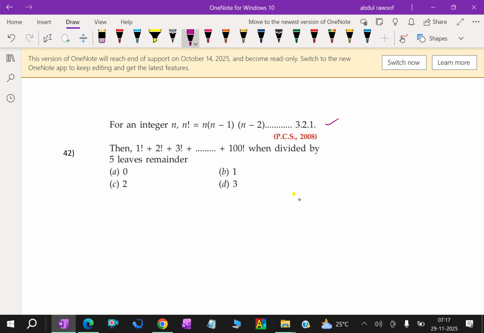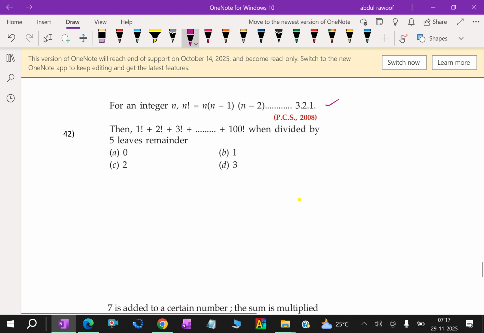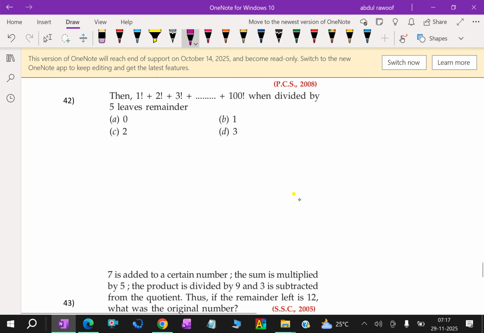So 5 factorial, 6 factorial, 7 factorial onwards, even 100 factorial is divisible by 5.